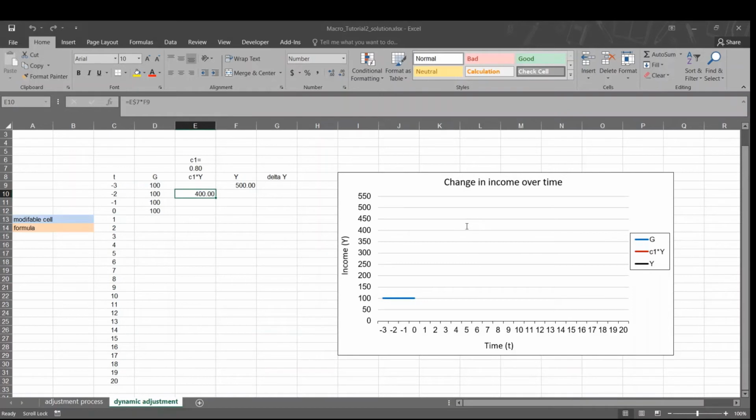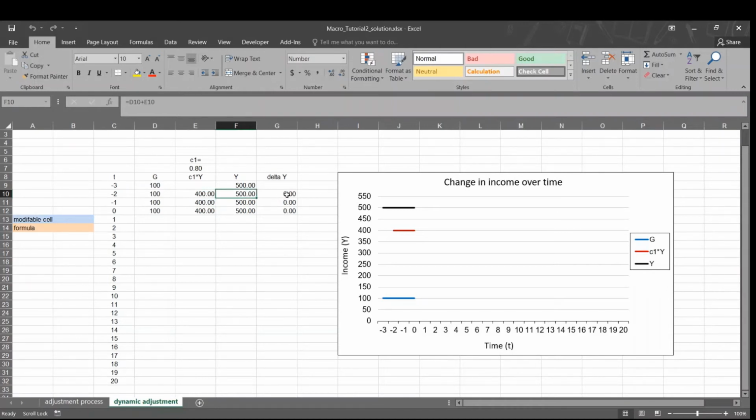So if 400 is consumed at the next time period, and if we have kept our government expenditure at 100, if we add the two, government expenditure, or G_t, plus c1 multiplied by Y_t minus 1, which is 500, giving us 400, we would have an income level of 500.